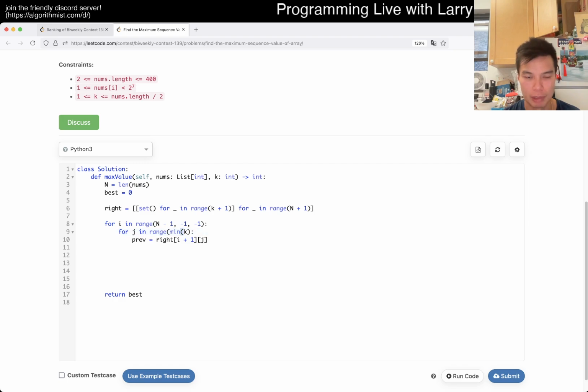So this should be k plus 1 anyway to get k, but n minus i plus 1 or something. So n is going to be 1. Okay, so then now this is the previous.